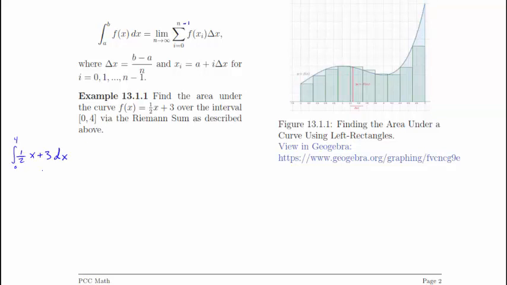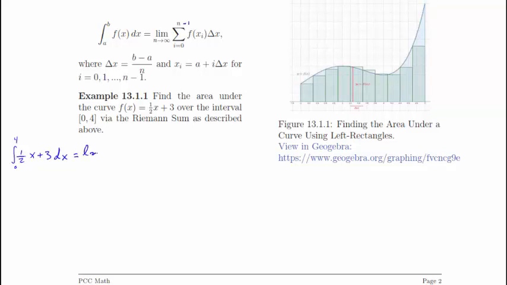And yes, we could totally use our antiderivative rules and the fundamental theorem of calculus to evaluate this, but we're going to do it using this limit of the area of the rectangles, to rehash the Riemann sum so that we can then apply this for our volumes.